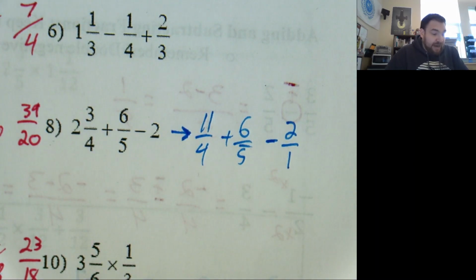Now when you're adding and subtracting fractions, we need to do what? Why? You're right, but why? Why did you do that? Did you also multiply the 4 times 5?